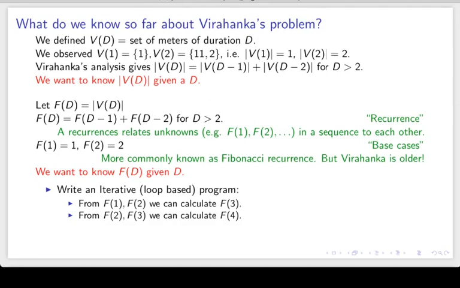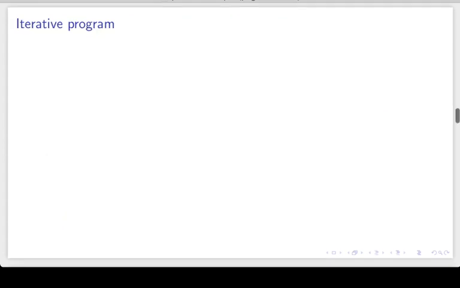Then once we know f of 3 and f of 2, again we can use this to calculate f of 4, and so on. Or we could also write a recursive algorithm. What is the recursive algorithm? These are the base cases, and to calculate f of d, we calculate f of d minus 1 and f of d minus 2, and those will be calculated recursively. Okay, so let's look at the iterative program.